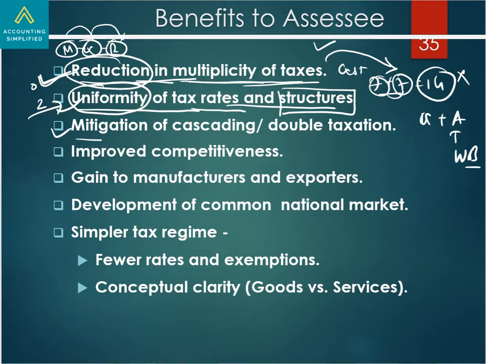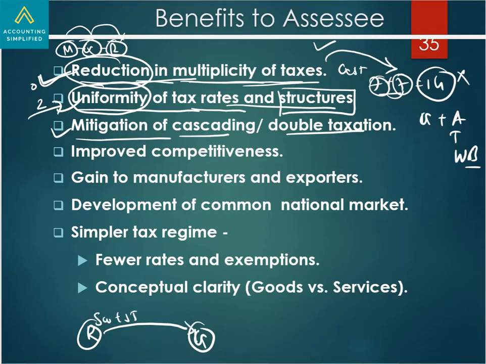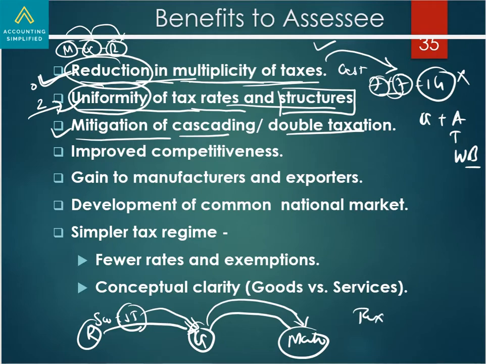The third point is mitigation of cascading effect or double taxation. This also we have learned. Cascading effect means the problem of double taxation. Suppose a person from Rajasthan is sending goods to Gujarat. Whatever he is selling, sales tax was applied on that. Now whatever the Gujarat person is selling to a Maharashtra person, this sales tax was added to that amount, and on that sales tax more tax was levied, meaning tax on tax, right?